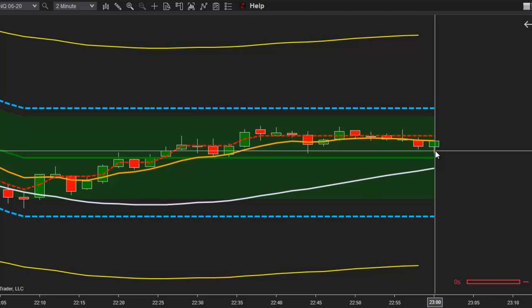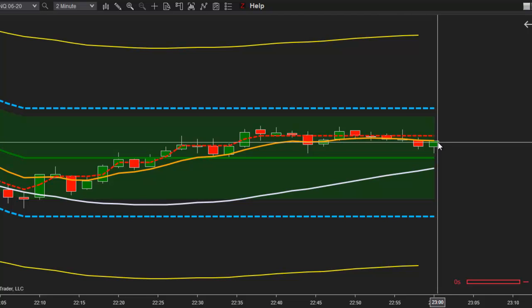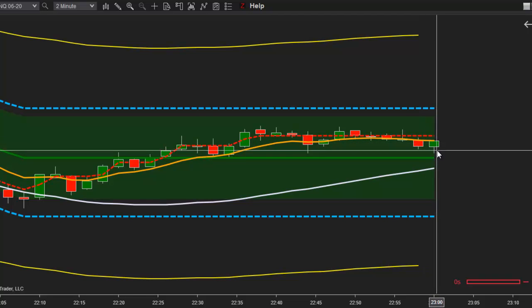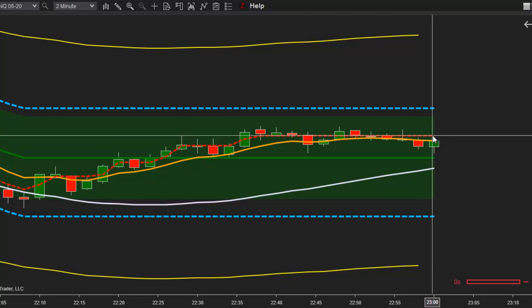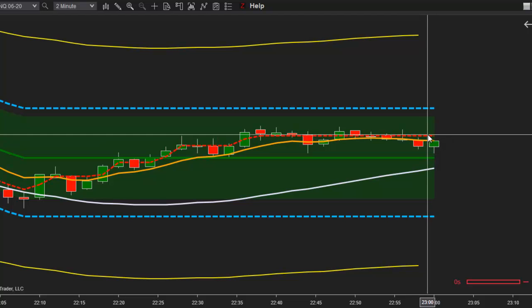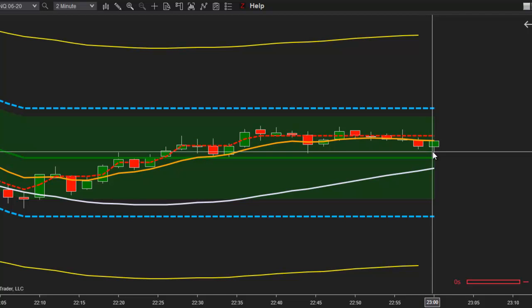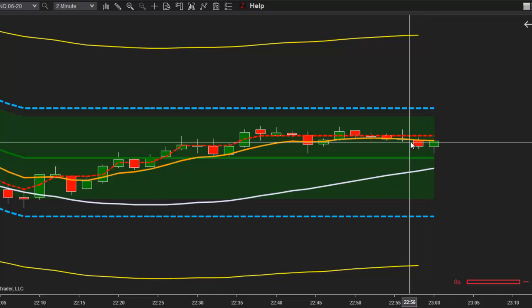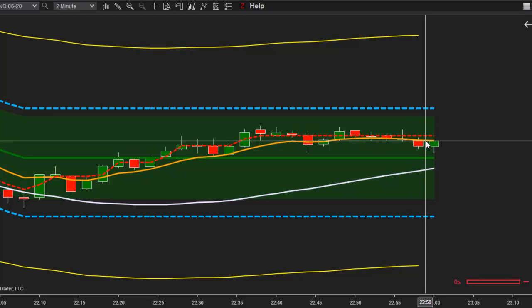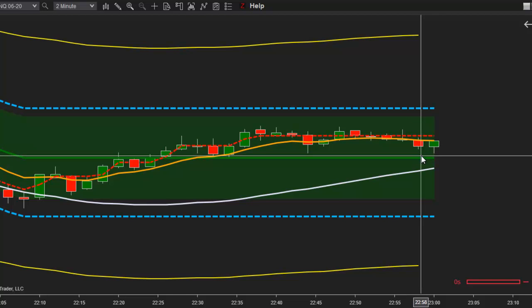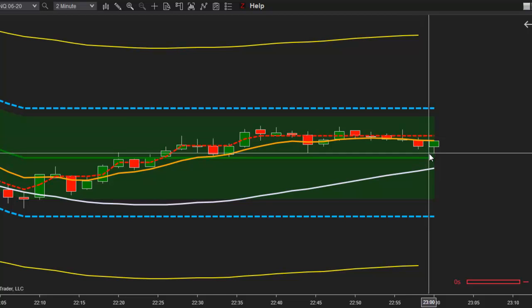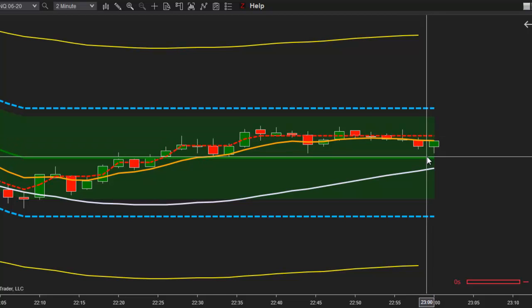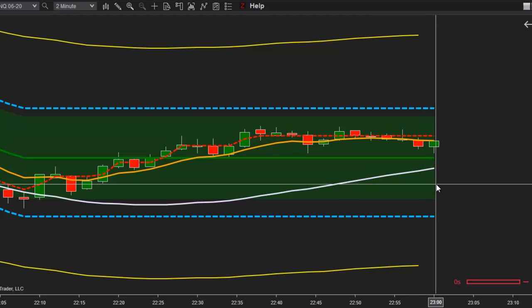If I'm using a stop, I could close my trade if it goes against me. I would only close if this red one goes under 8, if I'm playing the price, 8, and the red one. If I'm playing price, middle line, and red, then I would wait for the red one to close under the middle line.